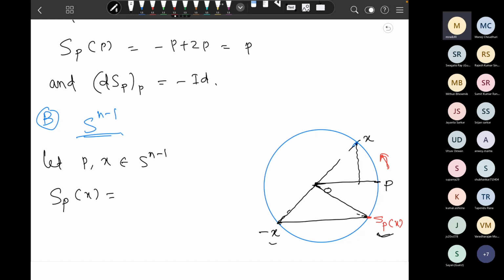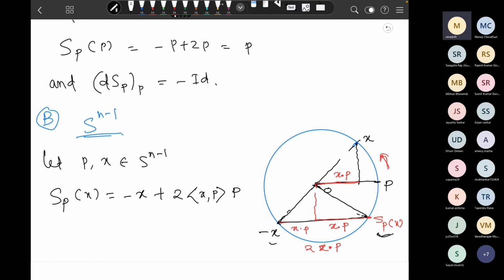This distance is X dot P, and this distance will also be X dot P. So the total distance is 2 times X dot P. So SP(X) will be minus X plus 2 (X dot P) in the direction of P. So from geometry you will get SP(X) equals this.